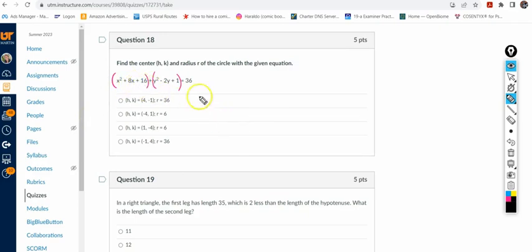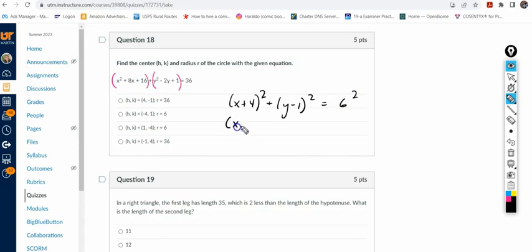Well, 4 and 4. And two numbers that multiply together to give me positive 1, but add up to give me negative 2, and that would be negative 1 and negative 1. And 36 is 6 squared.